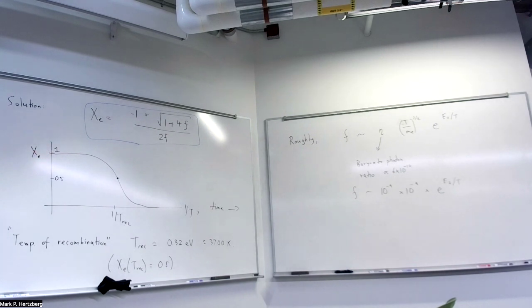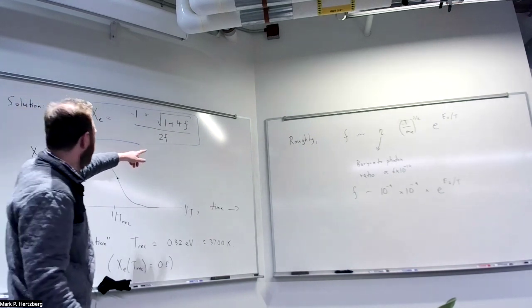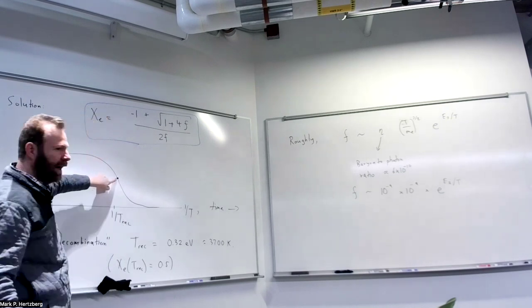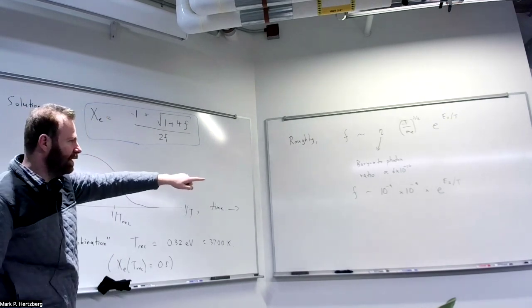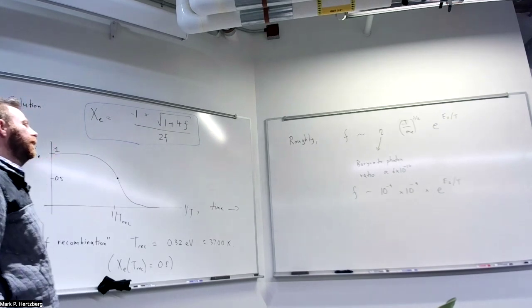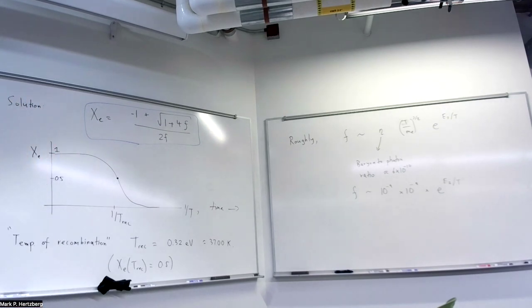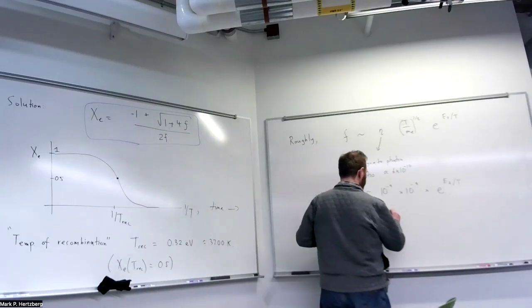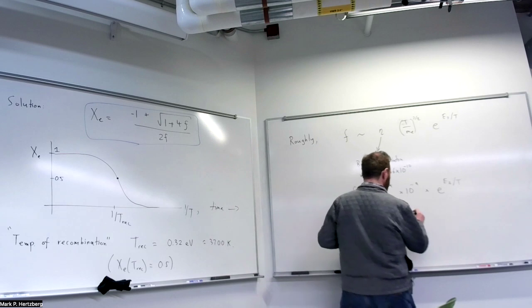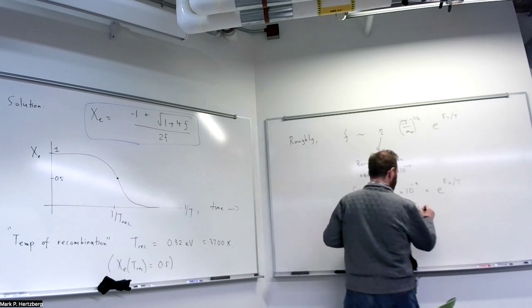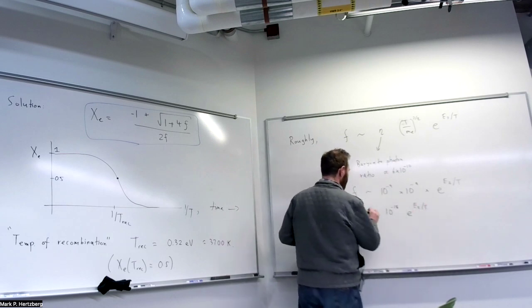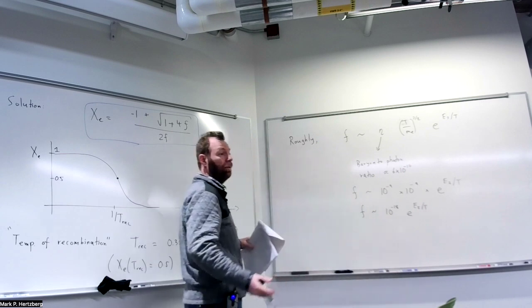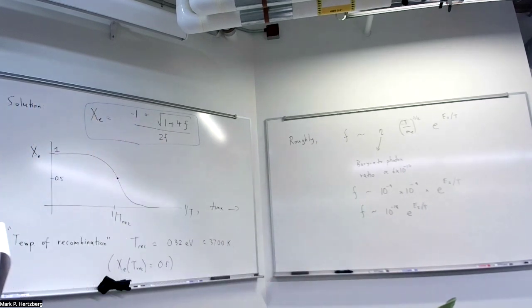So for F to be order 1, such that X is itself like 1/2, you can read off this formula what the temperature needs to be without solving this directly on Mathematica. In other words, we have 10 to the minus 18, this exponential. So you need a gigantic exponential for F to be an order 1 number. Does that make sense?